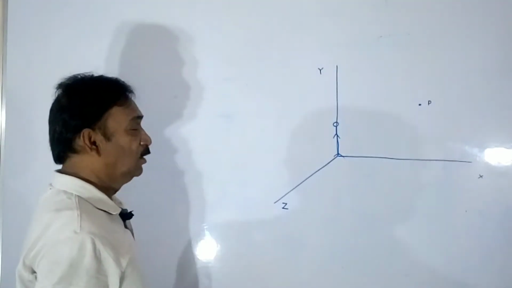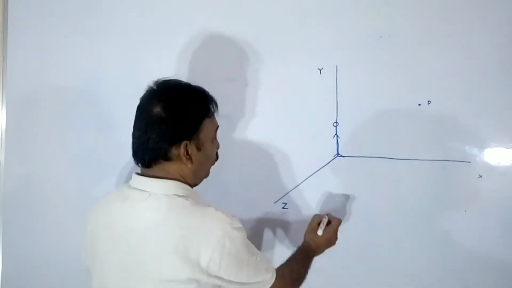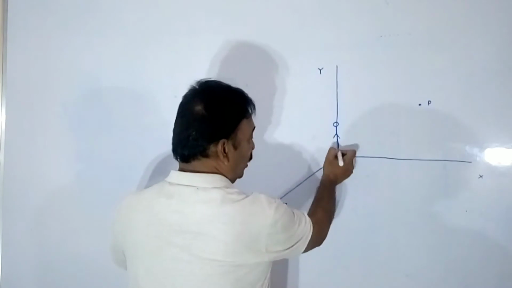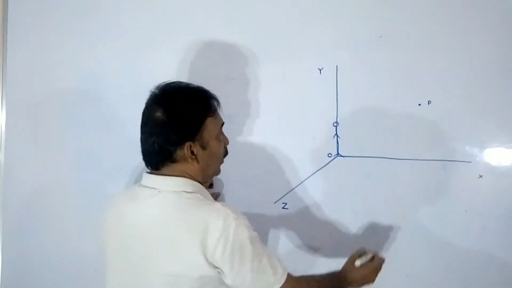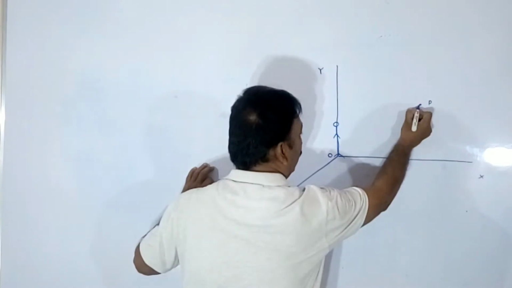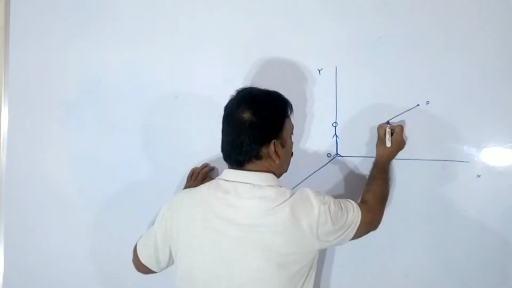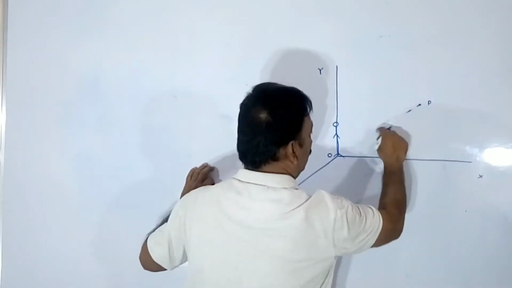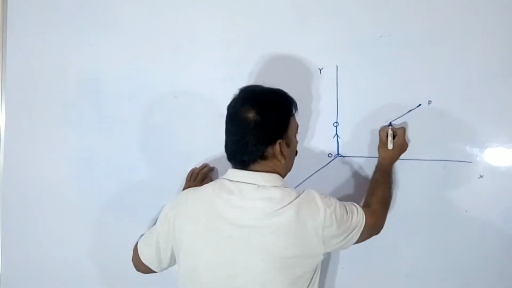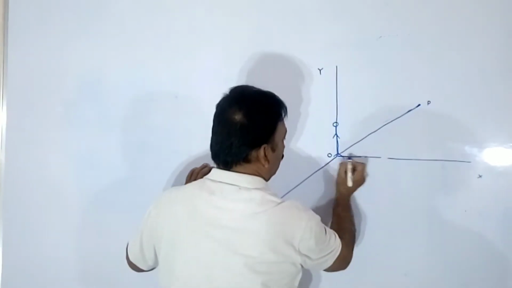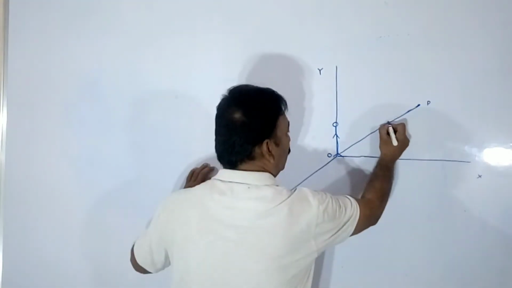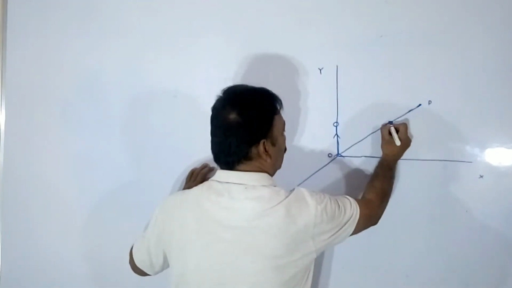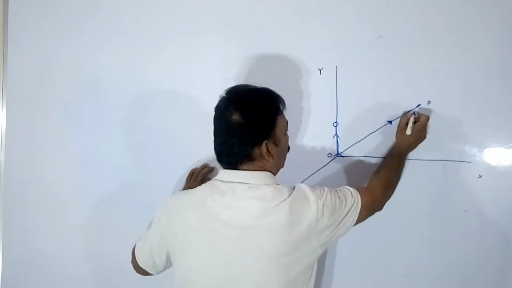We have to find out the position vector, and considering this observer as O, that means the origin, you have to draw a straight line from the origin to that particle. Here I am drawing a straight line, and this is the position vector of the particle.